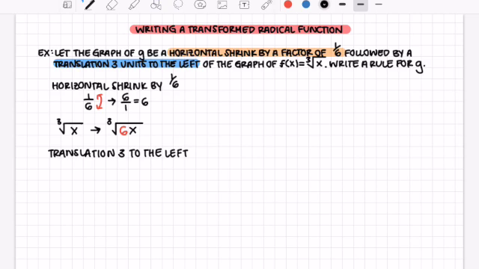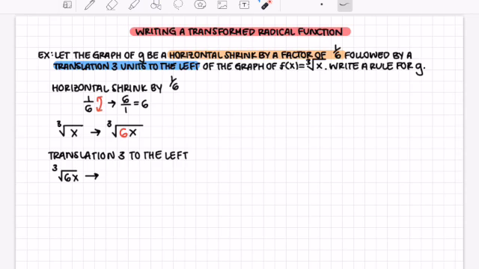So starting off with our new function, cubic root of 6x, again, because it's on the inside and we're dealing with left and right, we're still going to be dealing with the inside of our radical. So instead, I'm going to write here cubic root of 6 times x, and it's going to be adding 3 because we're always going with the opposite.